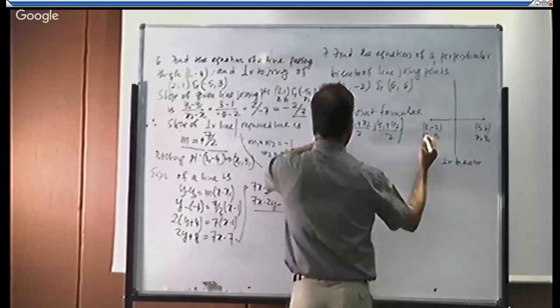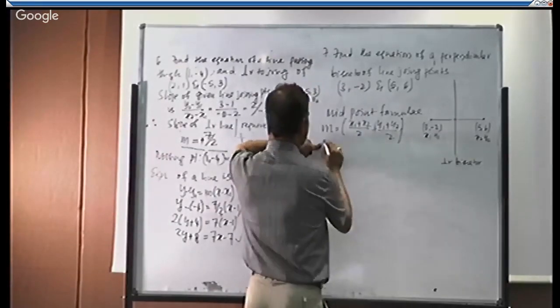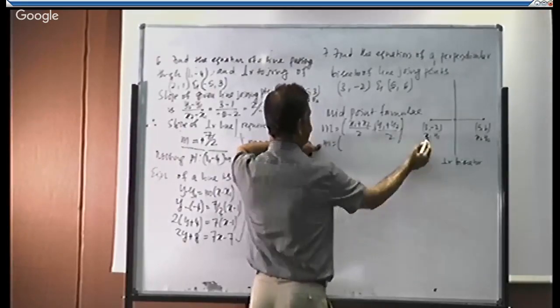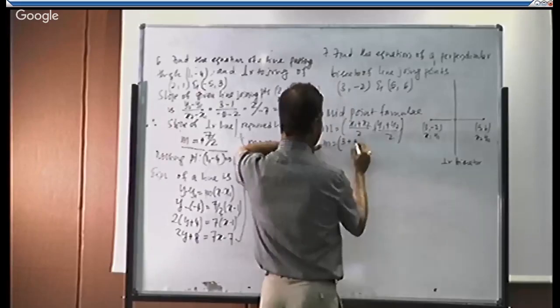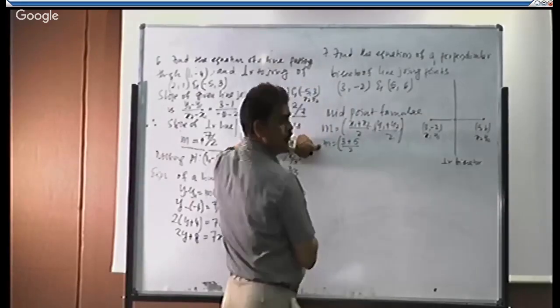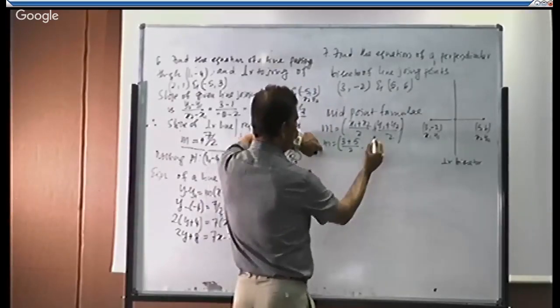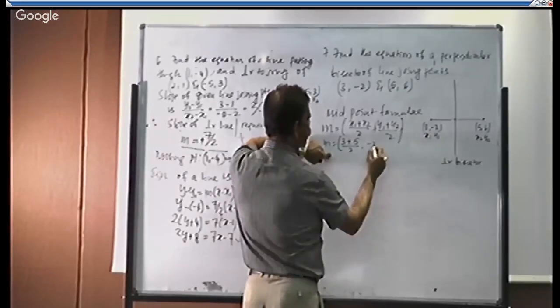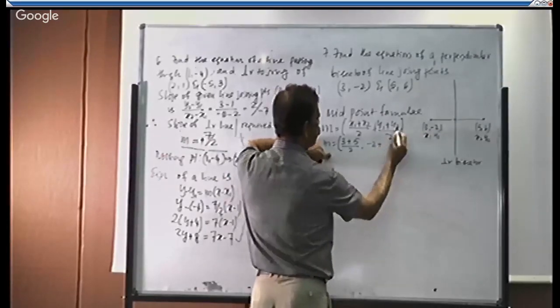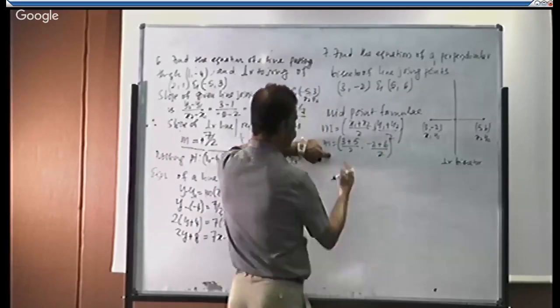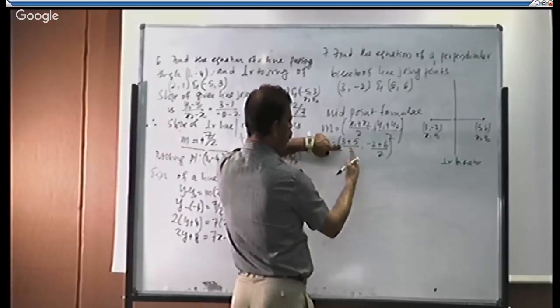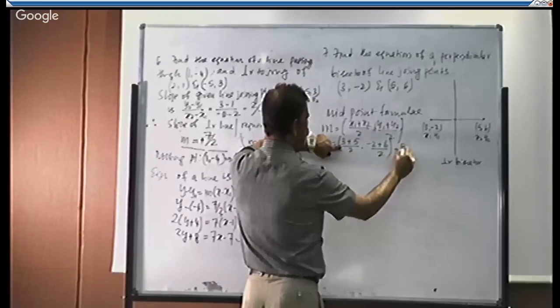Right? x1, y1. What is x1? 3 plus what is x2? x2 is 5, divided by 2, comma y1. What is y1? Minus 2 plus y2. What is y2? 6 divided by 2. 3 plus 5, 8. 8 by 2 is what?